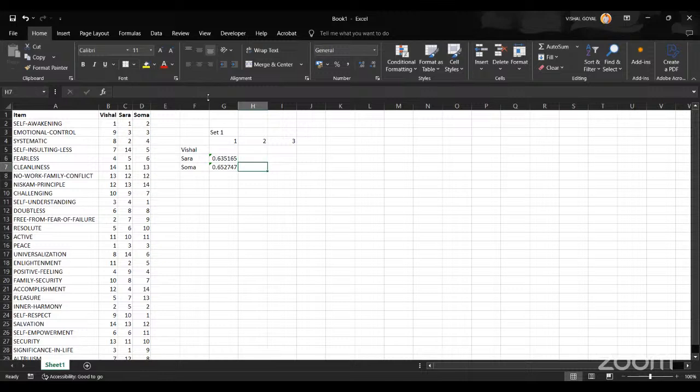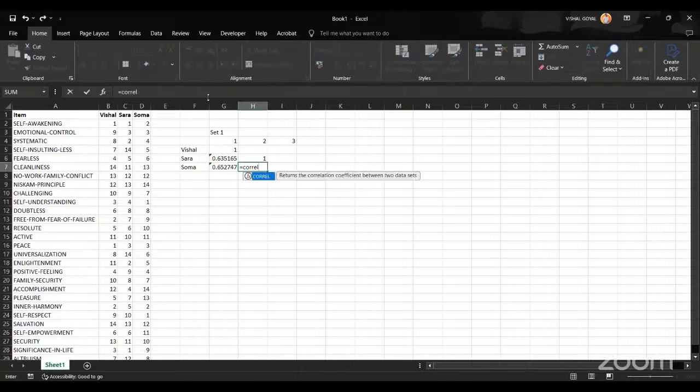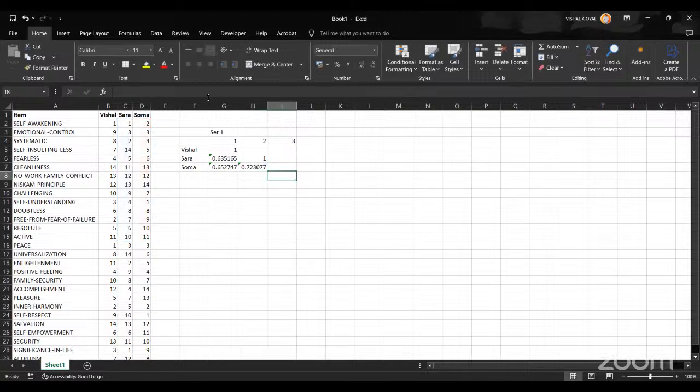The correlation between Vishal and Shara is 1, so you will write down 1 and then again 1. This diagonal will be the 1. What is that? 0.72. Oh, that's nice.